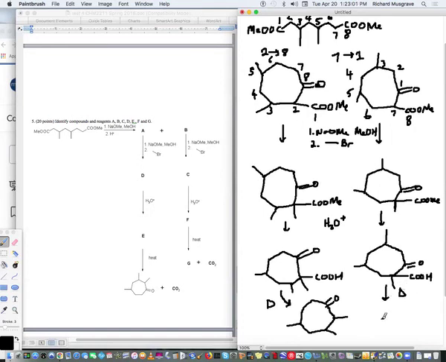That's it. That delta means heat, just in case you haven't seen that before. Okay, so that's a delta, not a D, it's a delta.